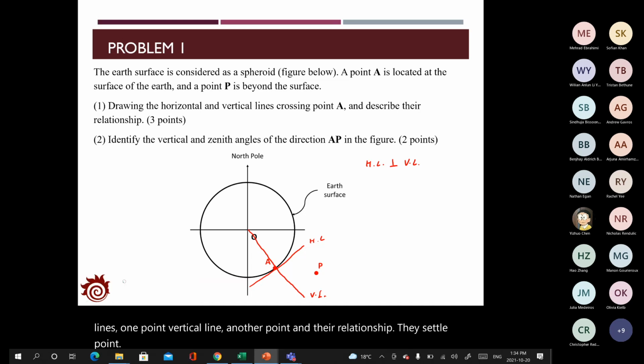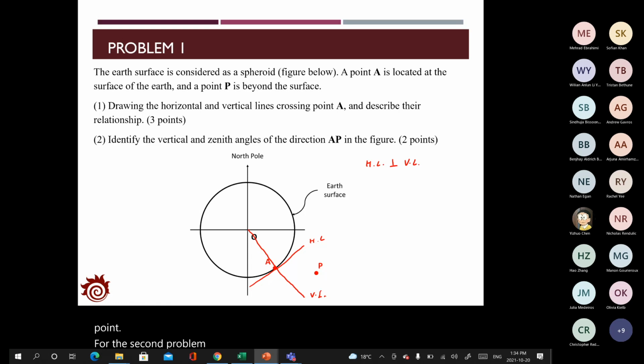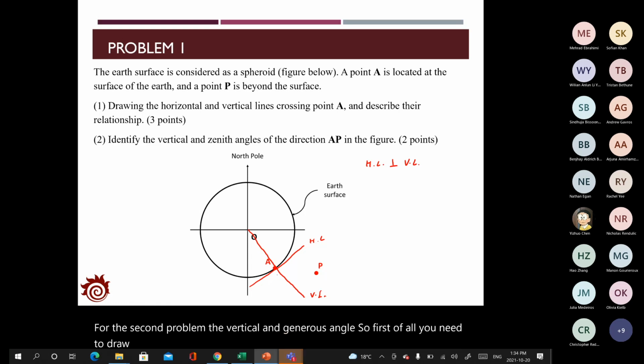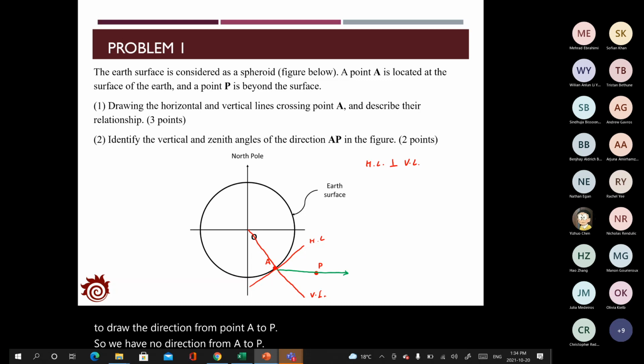For the second problem, the vertical and zenith angle. First of all, you need to draw the direction from point A to P. So we have the direction from A to P. And then the vertical angle, which will be the angle between the direction and the horizontal line. So this is the vertical angle.